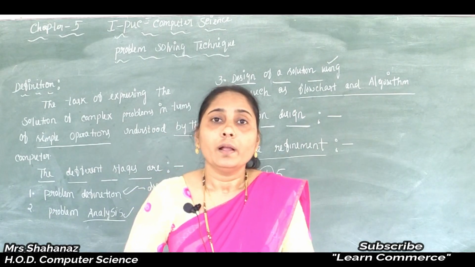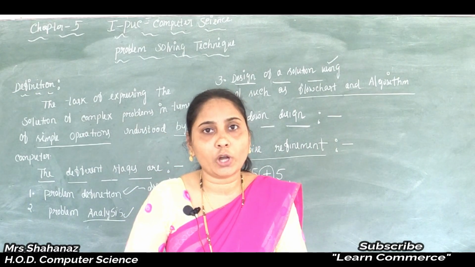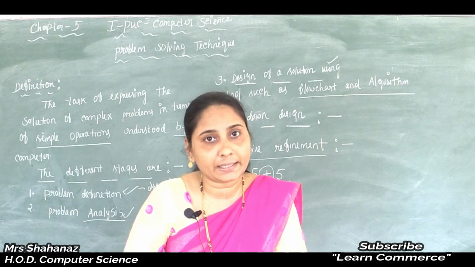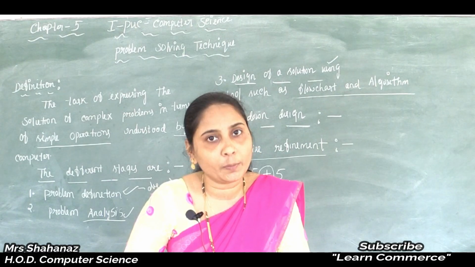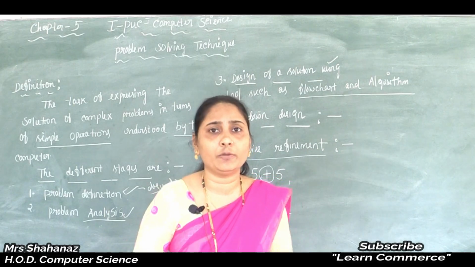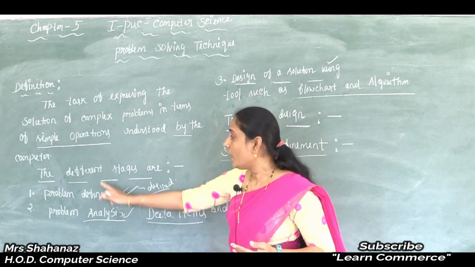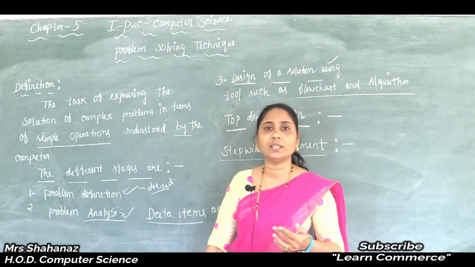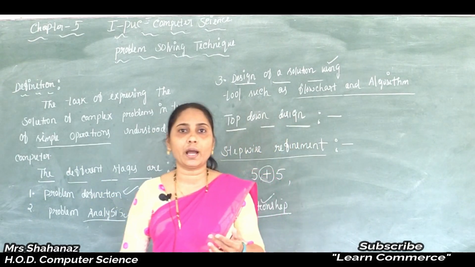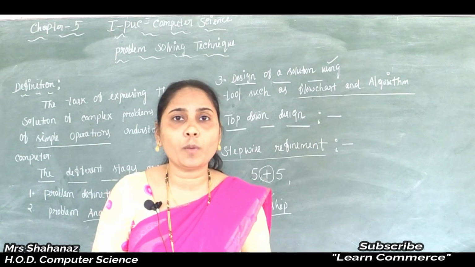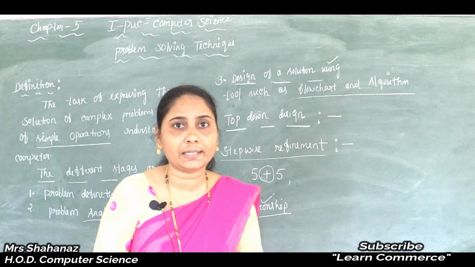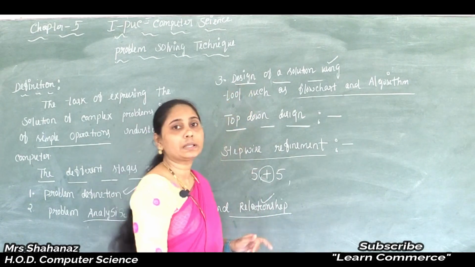So now we know what the input and output are, and each and everything we already collected on how to solve the problem. Whatever information we need, we already collected by using stages like problem definition, and also the stage of problem analysis. Now whatever data items we collected, we are going to use in our third step.